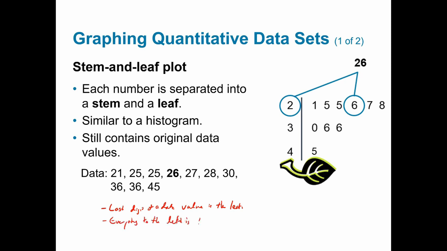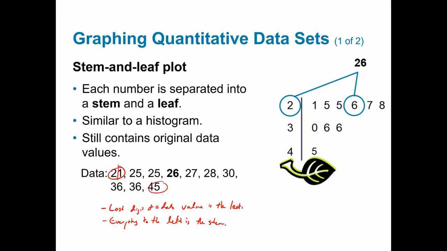So what you want to do is figure out, all my data values, what's the smallest data value? In this case, 21 is our smallest. And what's the largest? 45.